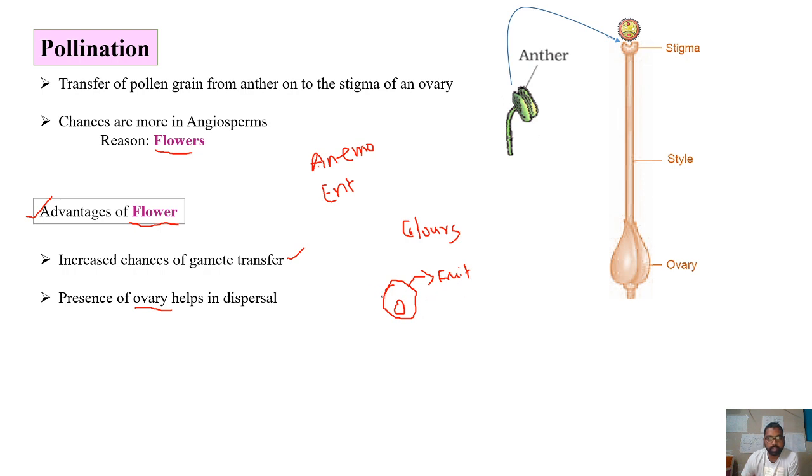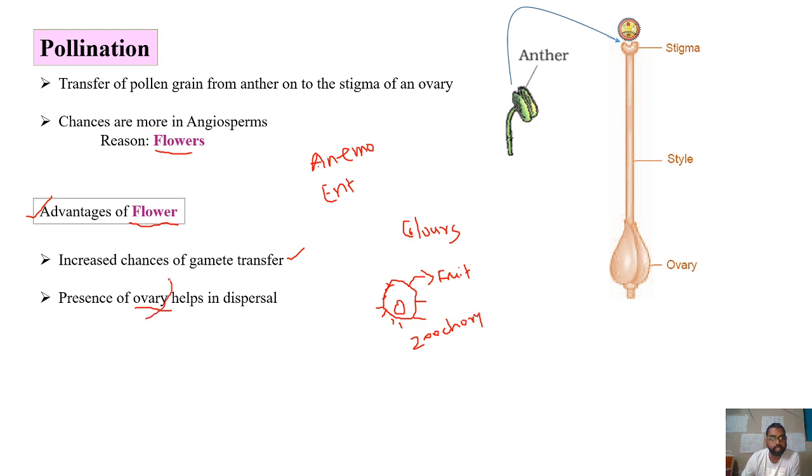Or sometimes the fruits may possess certain modifications that can help in the attachment of the fruit to different animals so that they get dispersed. For example, in the case of Xanthium, there are stiff hooks on the surface of the fruit, therefore there is zoochory. Zoochory is the dispersal of the fruits by animals.